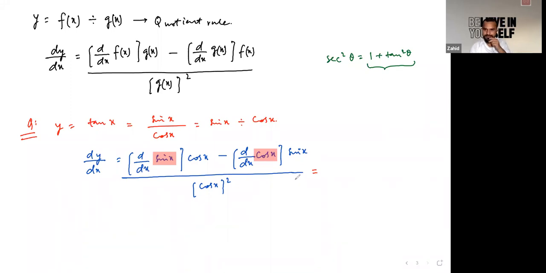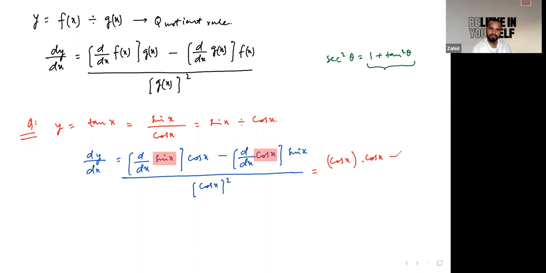Okay, just 1 minute. In the first part, we have differentiation of sin x. So differentiation of sin x would be cos x multiplied by cos x. Is it clear? Yes, sir.